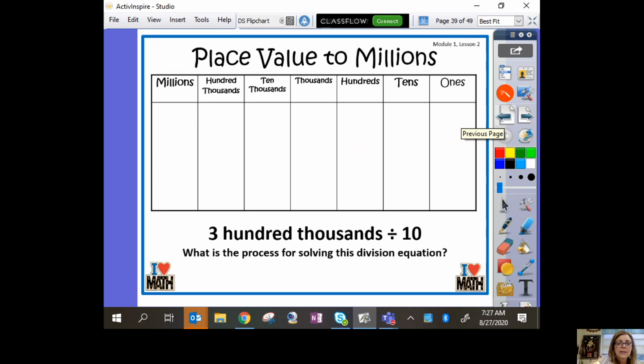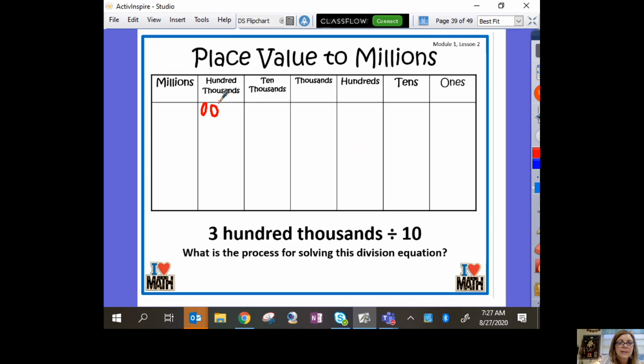So I'm going to put 3 here in my 100,000s place. And we're going to divide by 10 this time. So that means instead of moving to the left, we're going to hop back to the right. So that would move us to our 10,000s column.